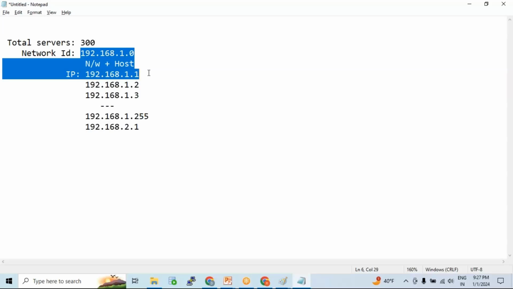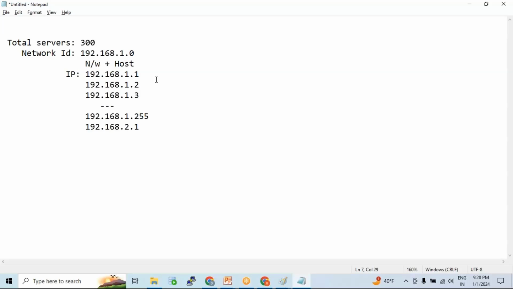If we are good with the statement, now my next scenario is like this. If you take the network ID that I have considered here as an example, if you closely look at this network ID, it has a total of 32 bits, correct? How many bits are there, guys?